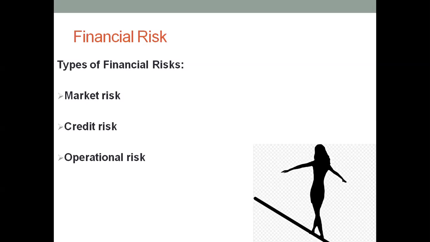This is also a kind of financial risk where as soon as a business starts operating, there are various kinds of operational risks that are related with the business. It can be due to internal factors like failure in production, labor strike, etc., as well as external factors such as changing government policies and all that. So they are termed as operational risk.